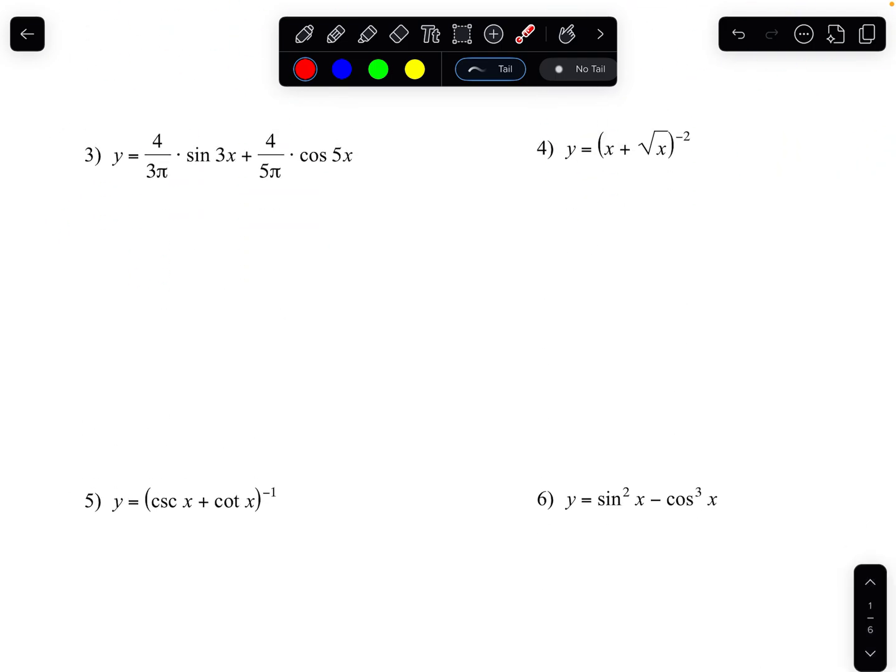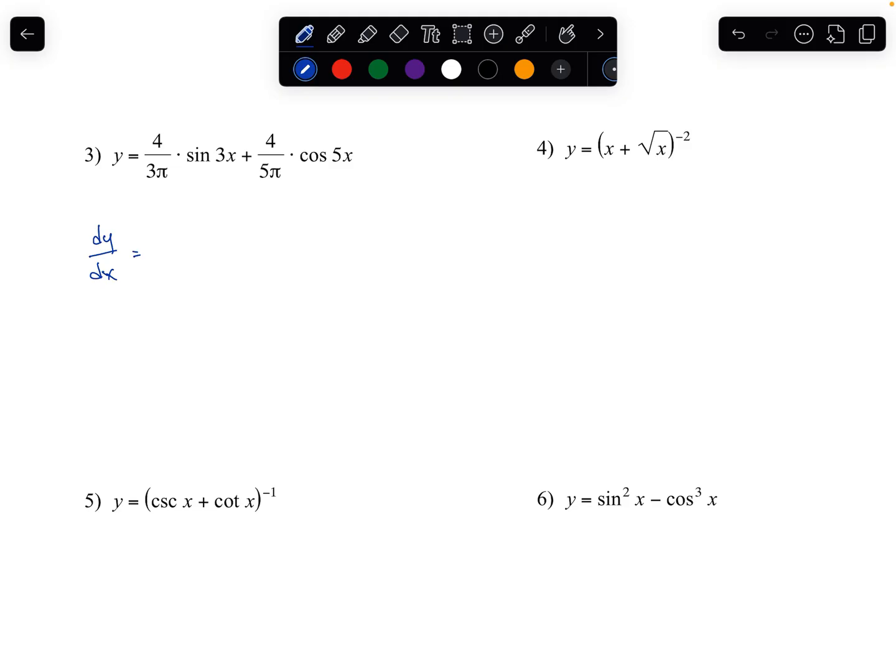Alright, for 3. So dy dx. I don't see a product here except for the constant with the function, but I don't have to use the product rule if it's a constant with a function. I can just treat this as the constant multiple rule.